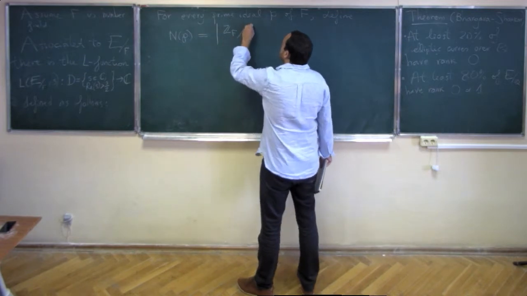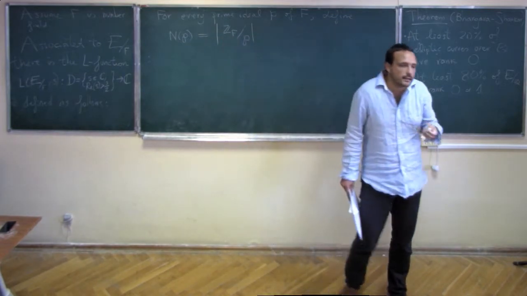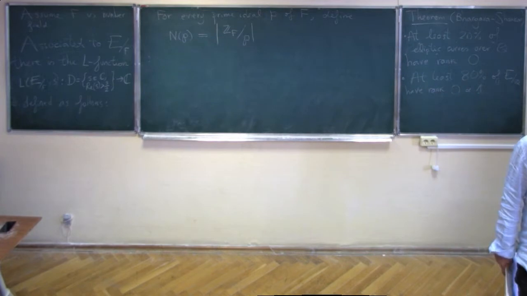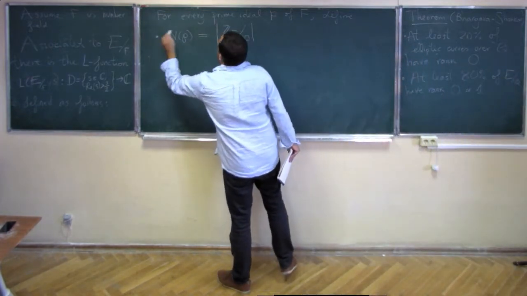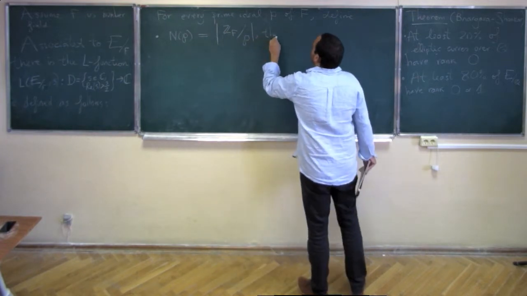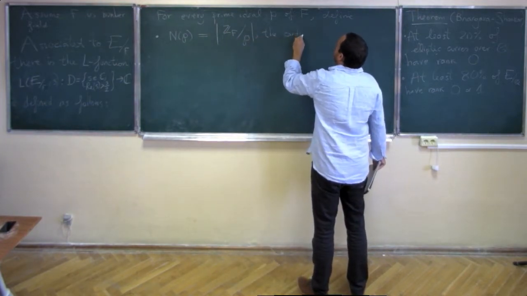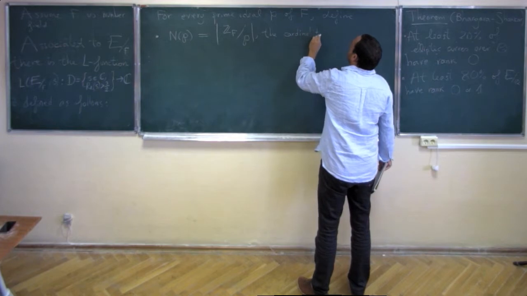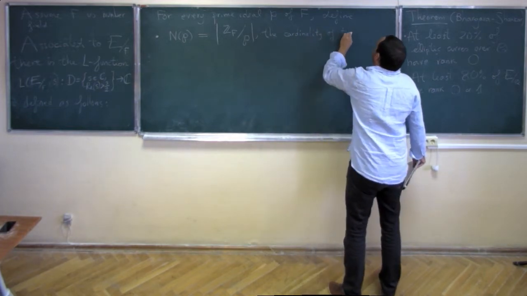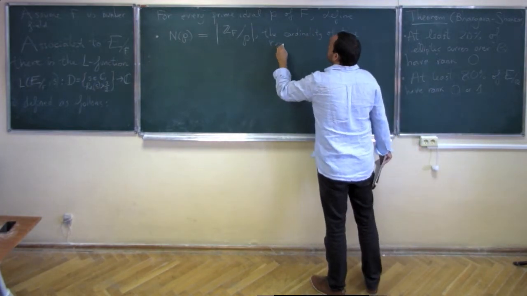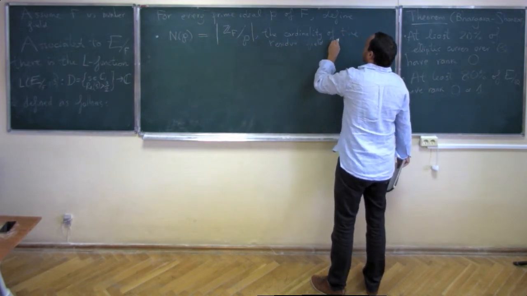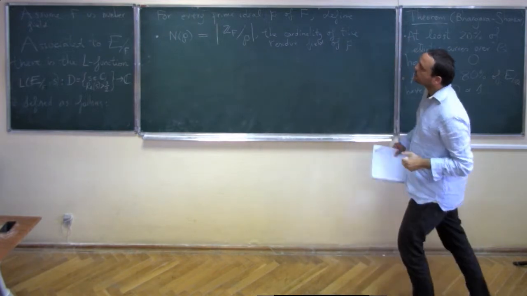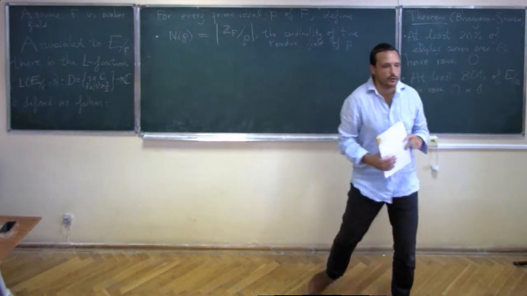And we can take its cardinality, which is a prime number or a power of a prime number. Okay, and this quotient is called the residue field of P.